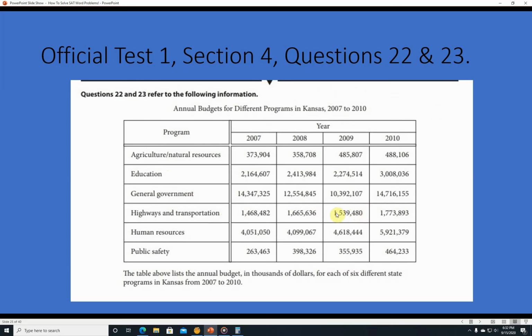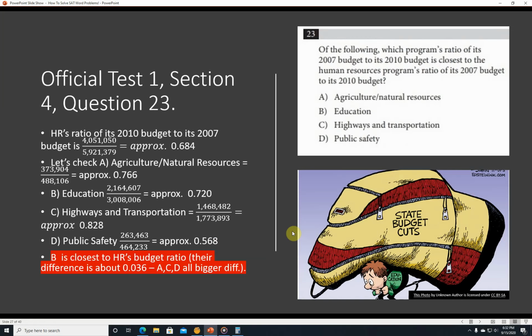Okay, so that's going to be 5,921,379 over, and let's see, did it say 2007? Yeah, actually it should be the ratio of 2007 to 2010, so I made a mistake here, but I got the equation right.